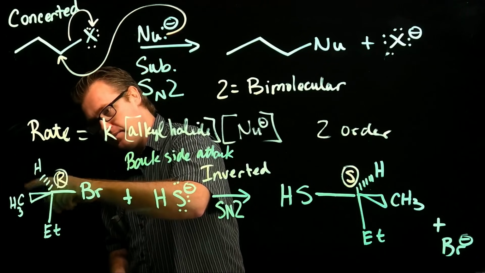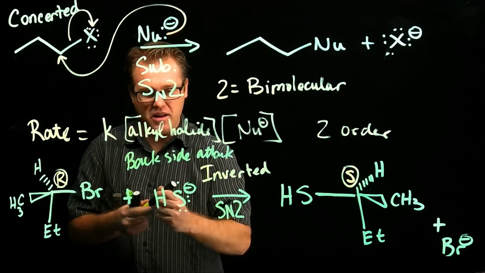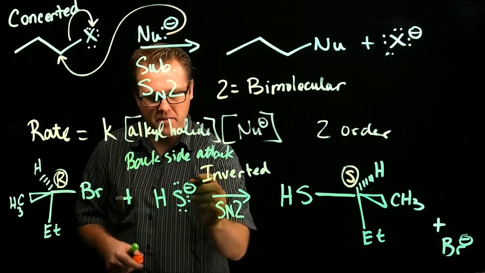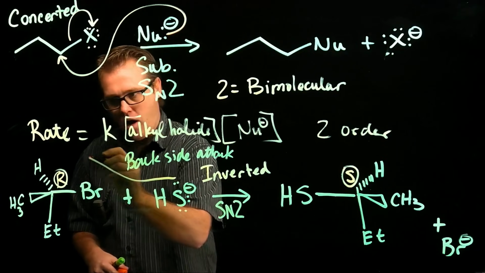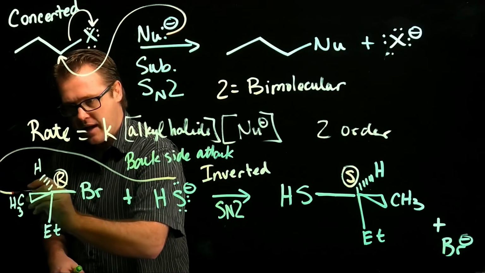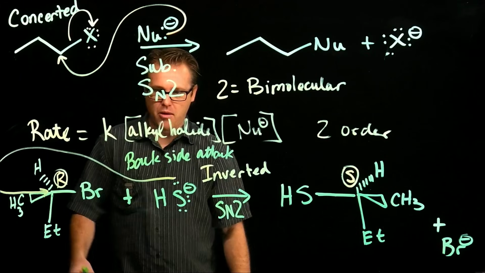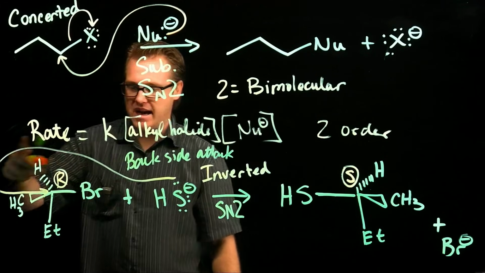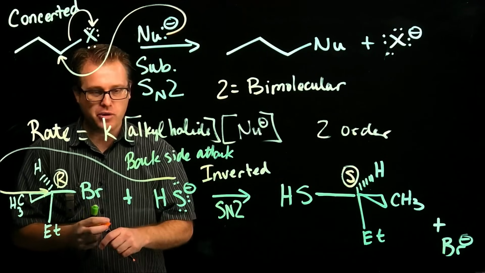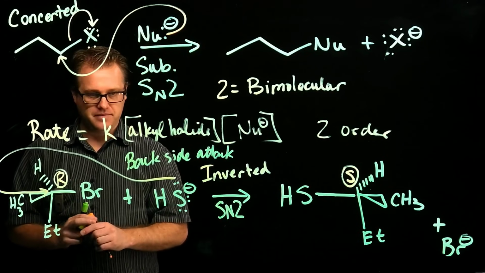It's over here. So this nucleophile has to come in and go all the way around and attack backside. And when it attacks backside, it's going to invert the stereocenter.